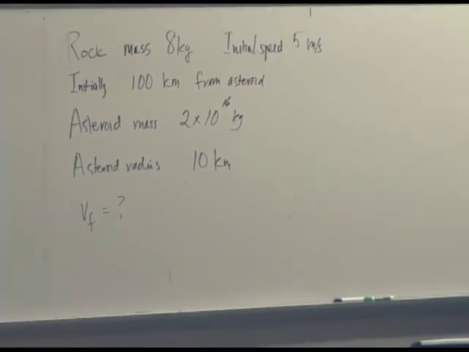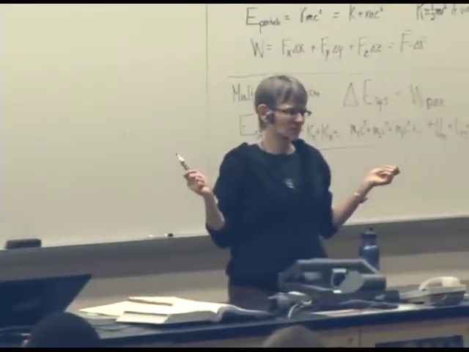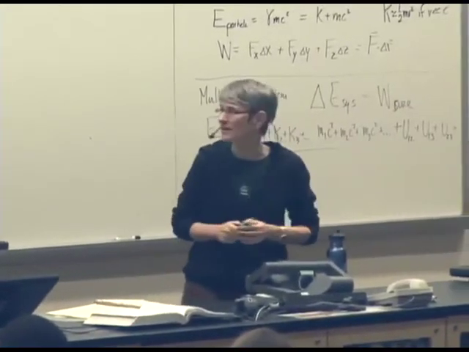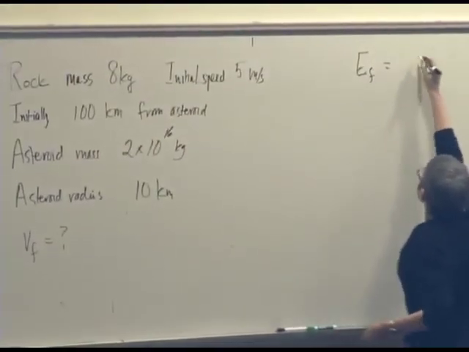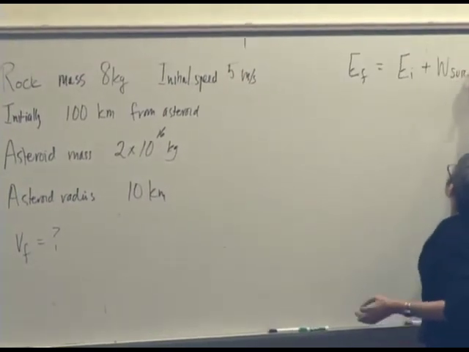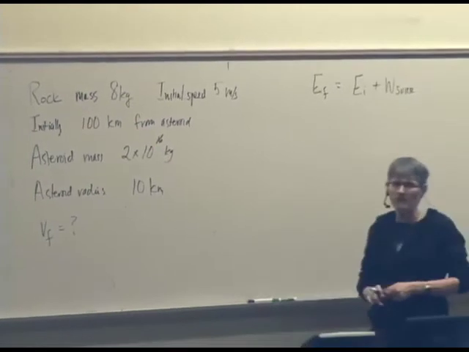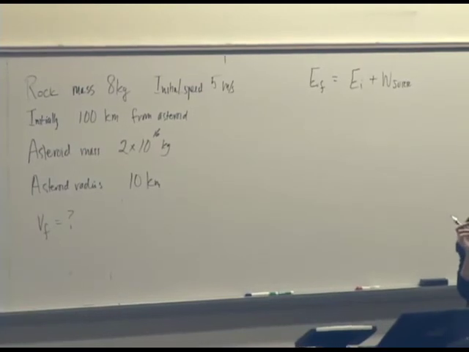So how do we calculate this? Well, we're going to use the energy principle, right? E final is E initial plus work done by the surroundings. There are actually two ways you can do this. You could choose the rock as the system and consider the asteroid part of the surroundings.